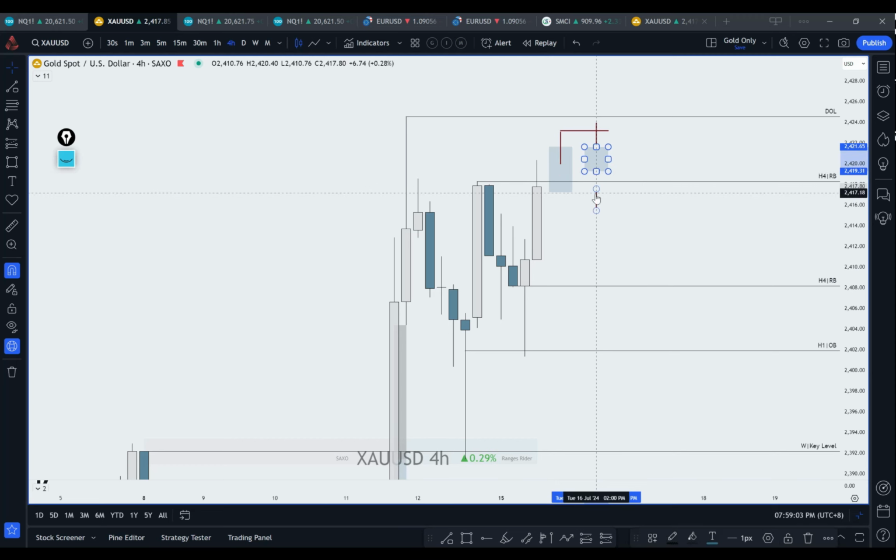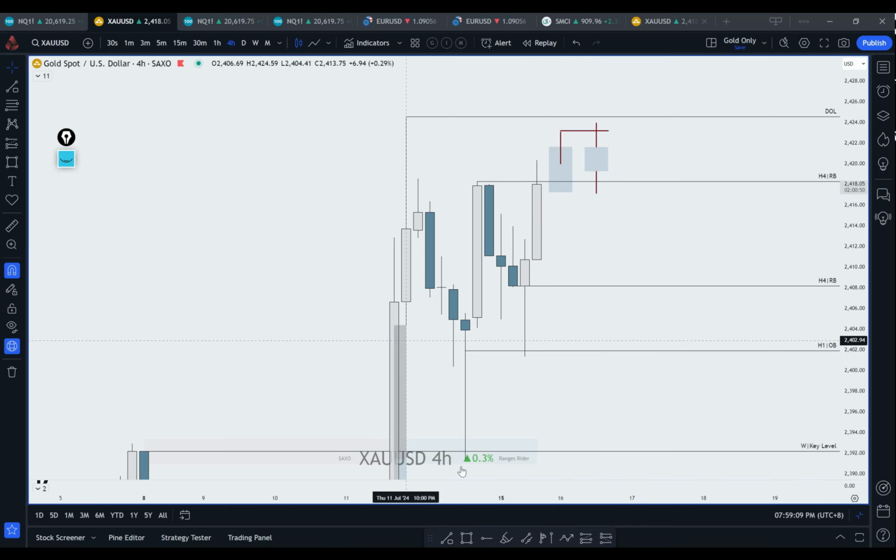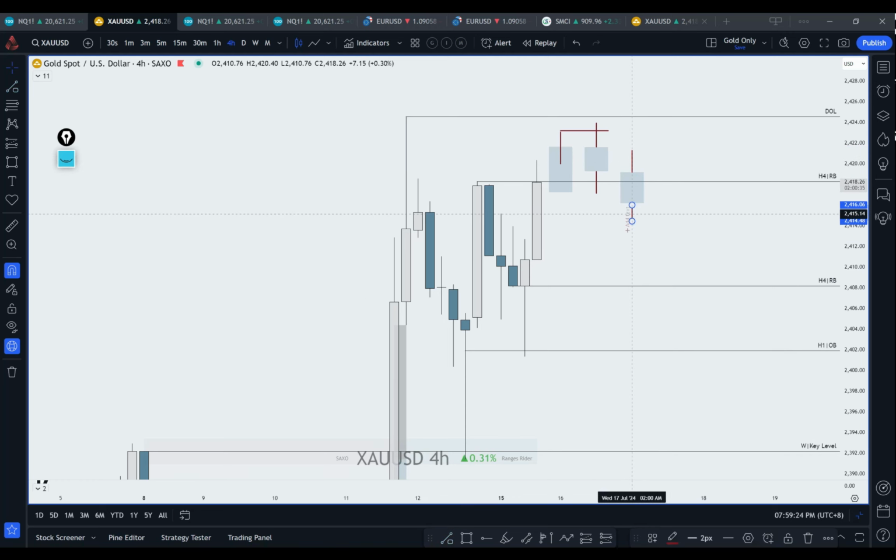If it closes here, let's say, then also no problem. Then you are looking for the next candle to close something here.